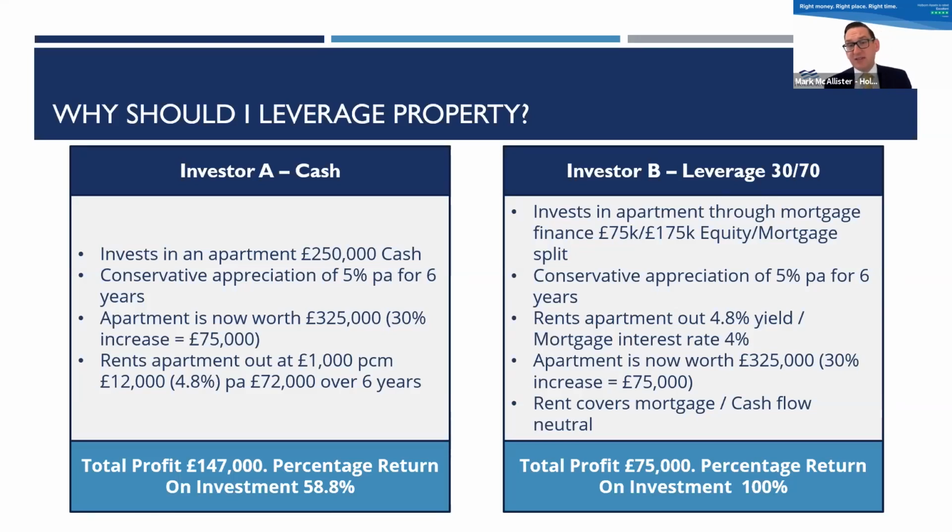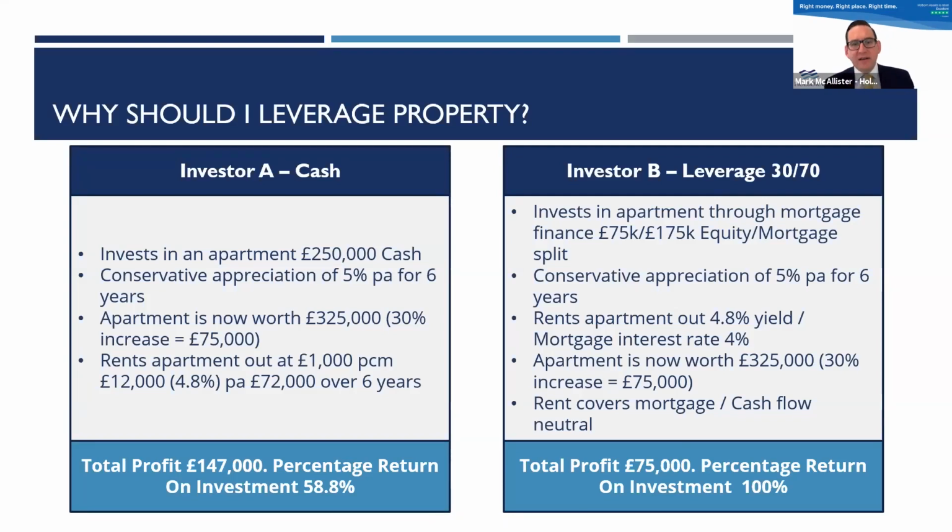But let's not forget, he's also enjoyed the rent he's generated, estimated at about £1,000 a month, £12,000 a year for 6 years, or about £72,000 in total. So his gross profit is £147,000 on that investment. So about a 59% return, which is pretty good.